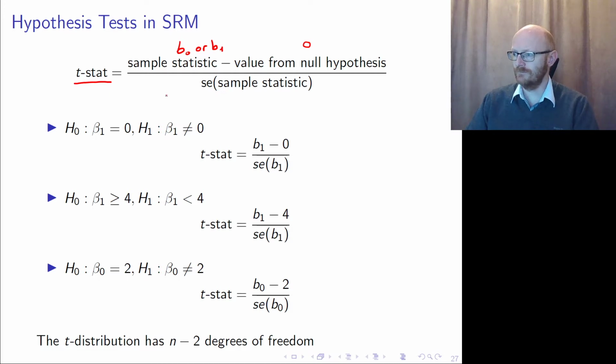Okay. So for example, if our null hypothesis is that the true slope is equal to 0, that the x variable does not contain any useful information for predicting the y variable, then the alternative hypothesis would be that the true slope is different from 0.